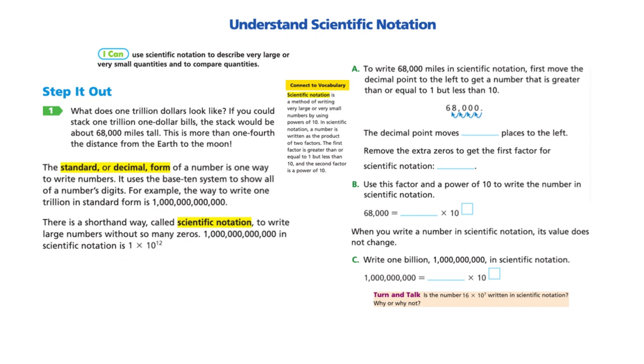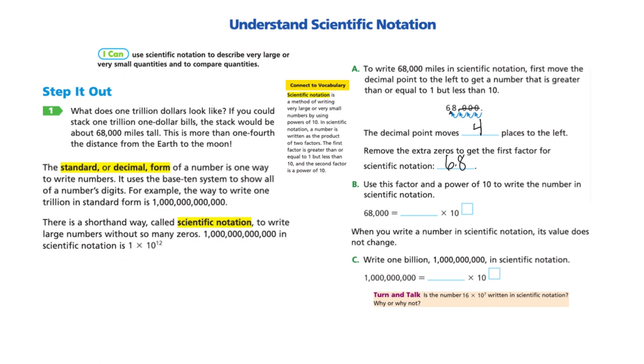So A says, to write 68,000 miles in scientific notation, first move the decimal point to the left to get a number that is greater than or equal to 1, but less than 10. So you can see they moved 1, 2, 3, 4, so the decimal point moves 4 places to the left. And then you remove these extra zeros, and the first factor is 6.8.